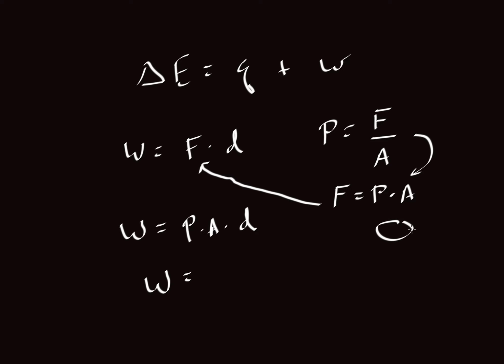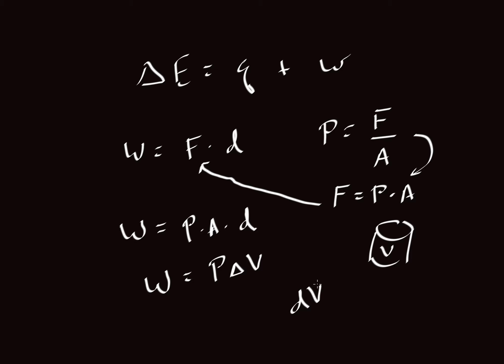If we have some area and we multiply it through some distance, we get a volume. So we can think of work as pressure times some change in volume. So this is sometimes called PdV work, because instead of delta, where we have a finite difference, we'll use dV, where it's an infinitesimal change in volume.